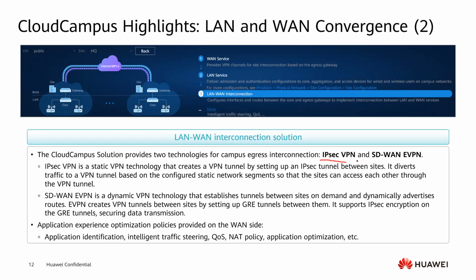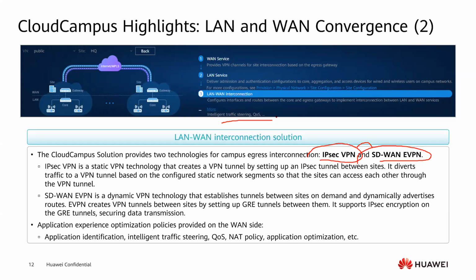There are two solutions. One is IPsec VPN, another is SD-WAN EVPN. And these two solutions will be introduced the day after tomorrow, on the small and medium-sized scenario. It will be introduced in detail. For the specific services, it can support other applications such as intelligent traffic steering, queues, NAT policy, and application optimization.